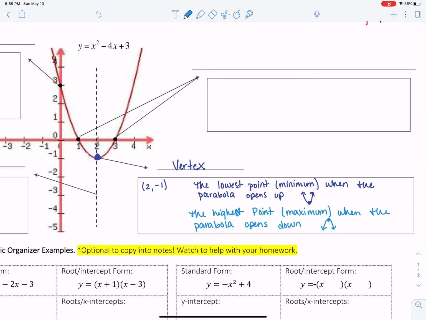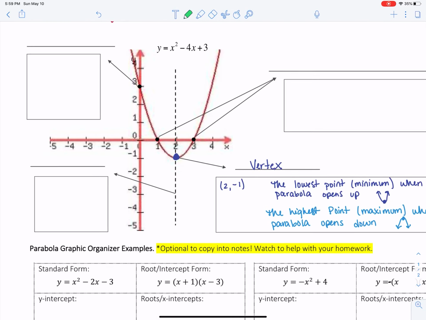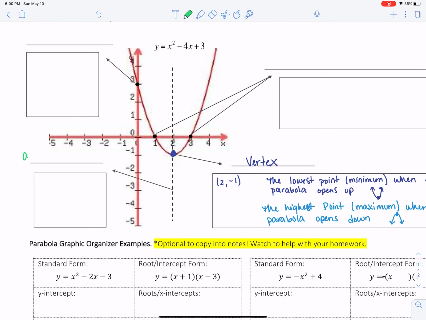So the vertex is pretty important because it's part of what we call our axis of symmetry. And the axis of symmetry is this dotted line that we have going right down the middle of our parabola.